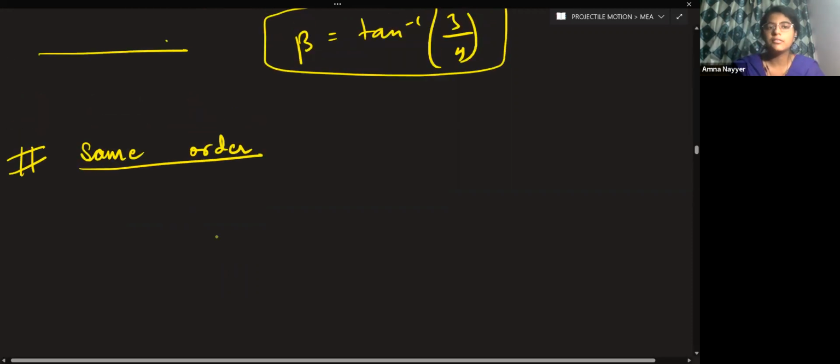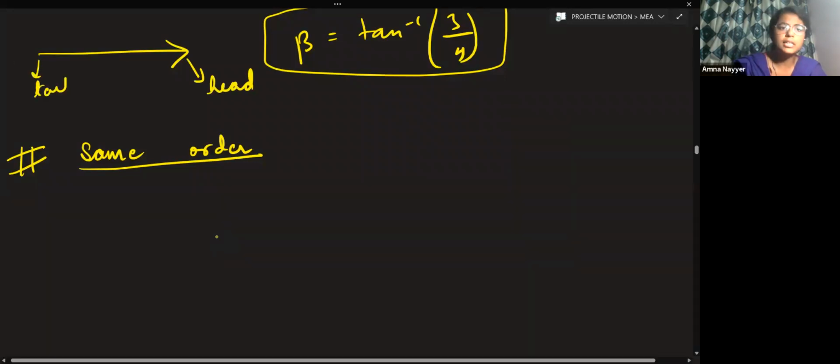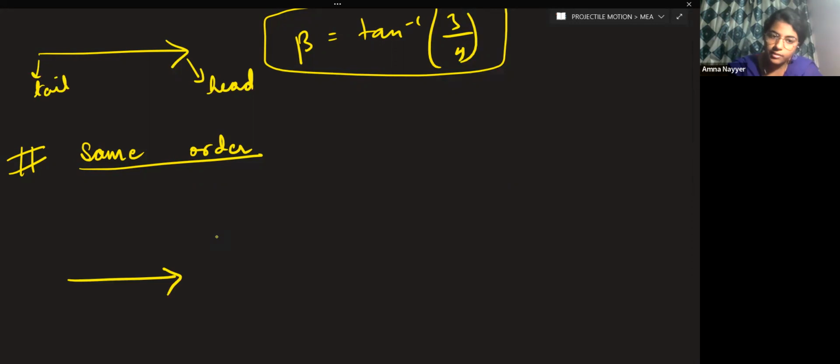Devangi, when we write this arrow above a vector, it represents that it's a vector quantity. This part is known as the head and this is known as the tail. So if two vectors, vector A and vector B, are in such a way that the head of A coincides with the tail of B, then we say they are in the same order.